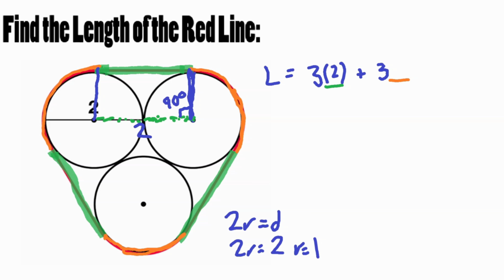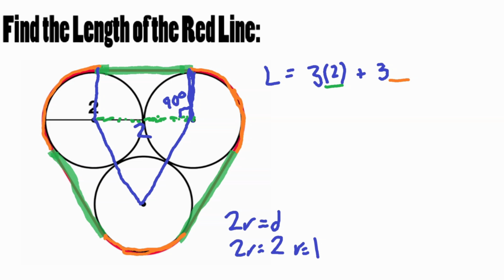And now if we draw a triangle connecting all of the middle points of the circles together, we will have an equilateral triangle. Any triangle has 180 degrees total, right? But an equilateral triangle, where all the side lengths are the same, all the angles are going to be the same.